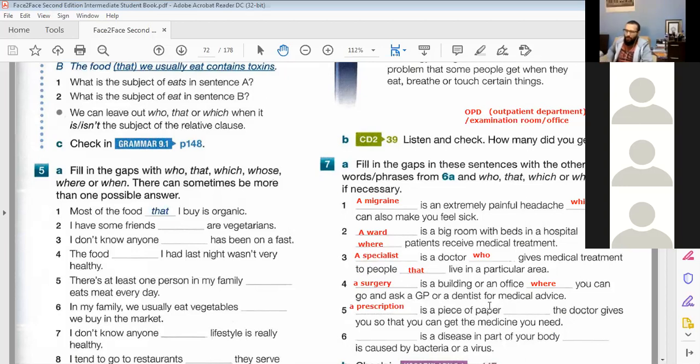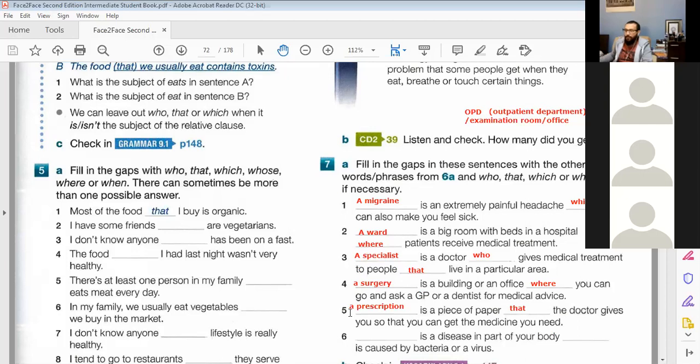Can you continue? Which or that? A piece of paper which the doctor gives you. Yeah, but I think that sounds a little better. Let's use that. That the doctor gives you so you can get the medicine you need. Very nice. Okay, Malak, can you do number 6?